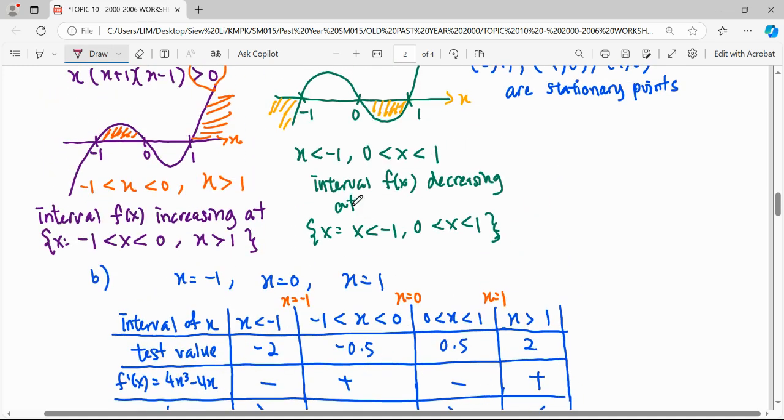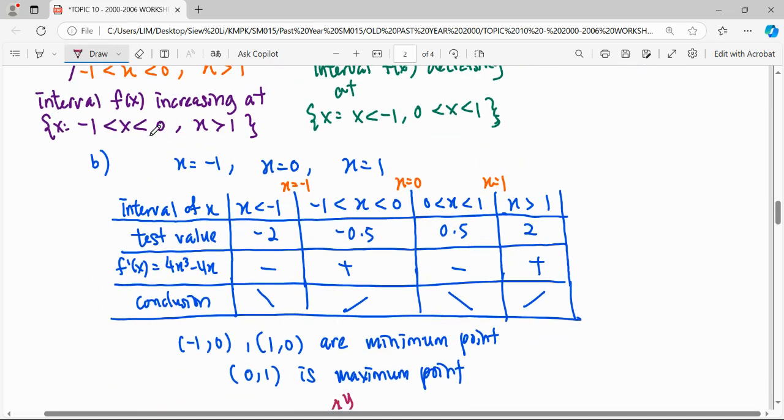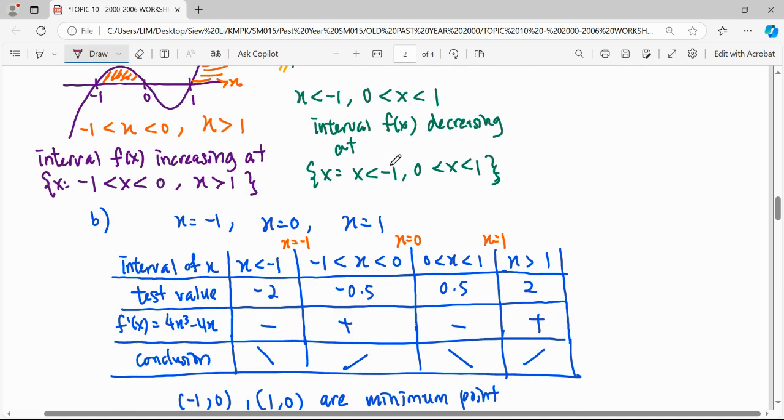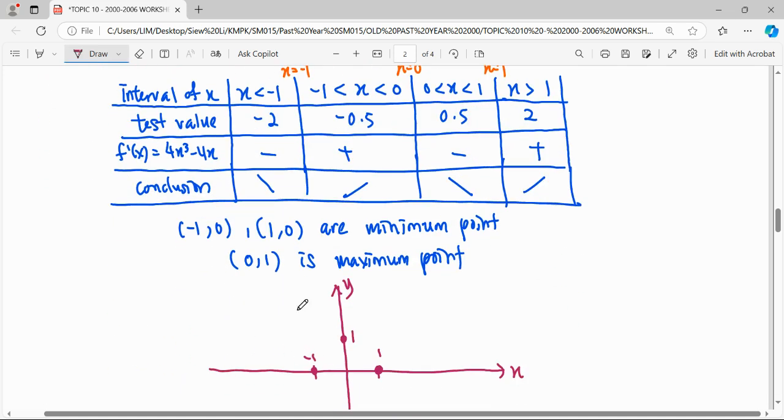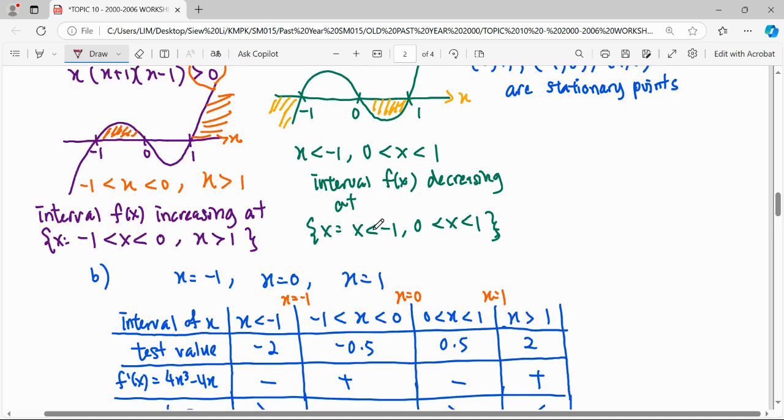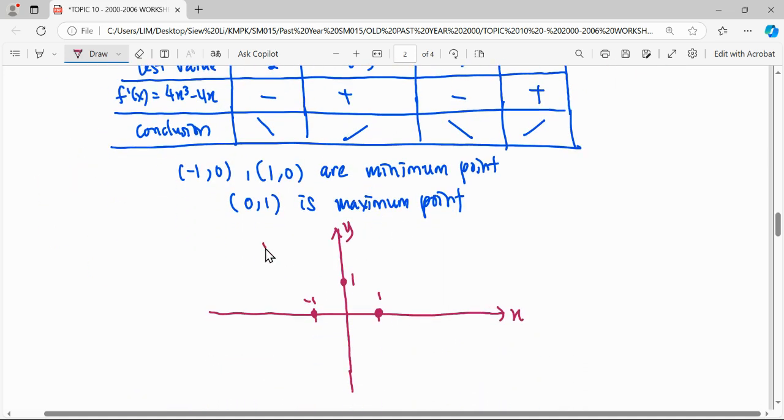Before -1, the graph is decreasing and reaches a minimum. And when you come to this point, it becomes a maximum.